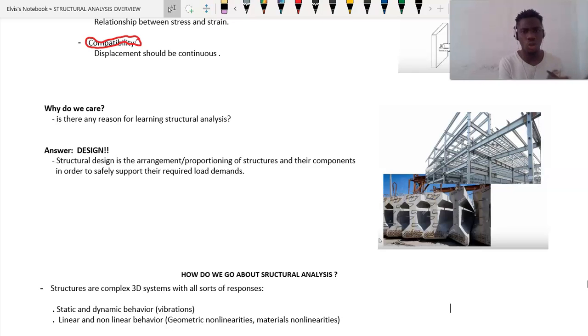We want to be able to determine what materials we need in order for the structure to withstand the environmental load. So the main job of a civil engineer is not just to analyze, it is to design. This is the reason we care about structural analysis.